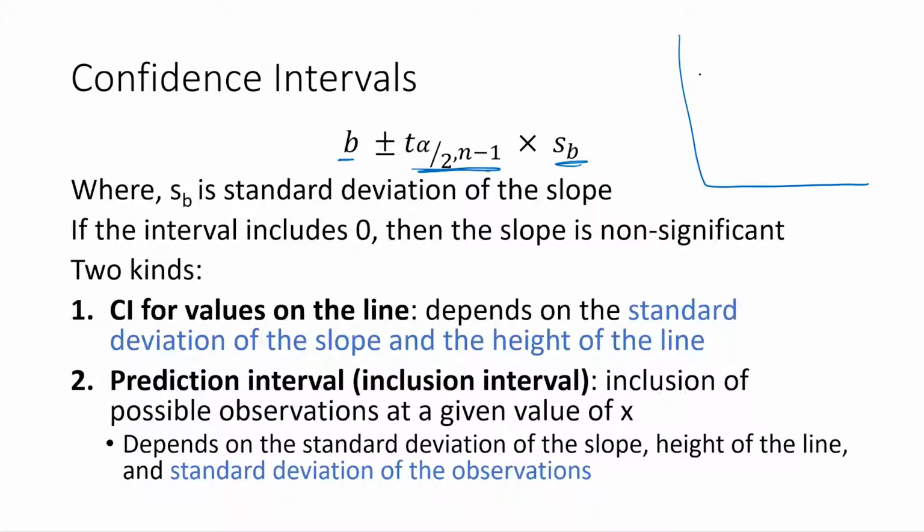So let's say this is our line, and then we've got kind of an interval around our line where we're 90% sure or 95% sure that the actual line for this population is somewhere between those 2 bounds.